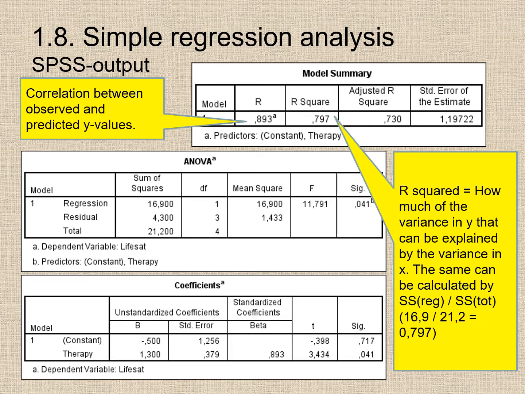How high is that probability? 4%. So what conclusion do we draw? In the population, R-square is not 0. It's higher than 0. So in the population, you can explain at least some of the variance in life satisfaction from amount of therapy.